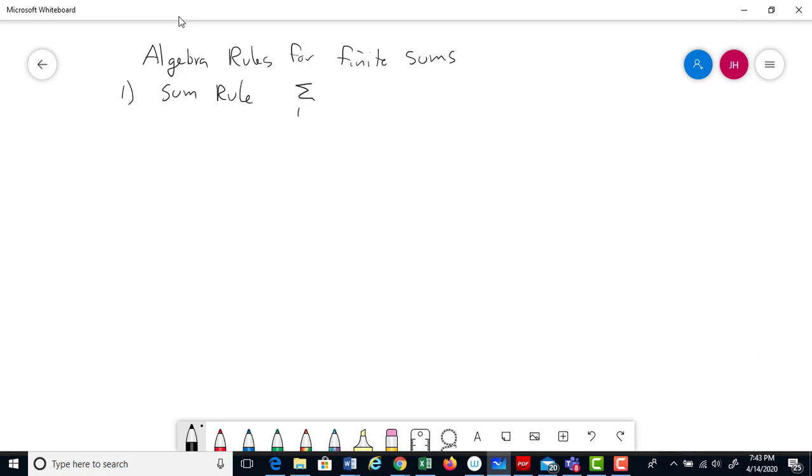The summation from k equals 1 to n of a sub k plus b sub k. Well, the summation of the sum is the sum of the summations. You guys are seeing a common pattern here. We saw this with limits. We saw this with derivatives. We saw this with antiderivatives.